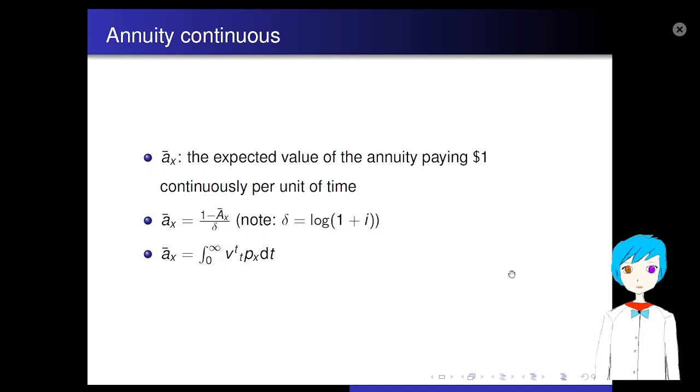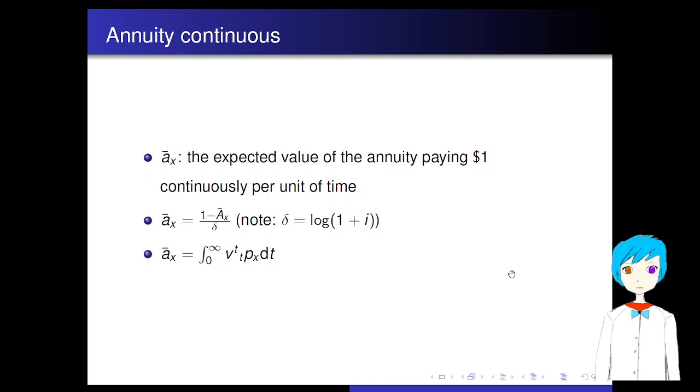The annuity continuous means that the annuity will pay continuously throughout the year. We denote the expected value of the annuity paying $1 continuously per unit of time by a-bar_x. So a-bar_x equals 1 minus capital A-bar_x over delta.